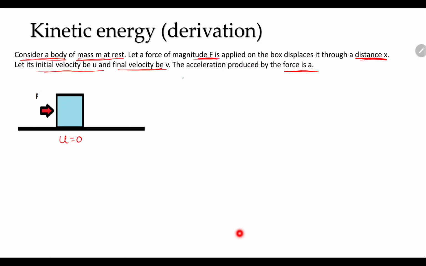So from the equations of motion, there are three equations of motion. I'm going to consider the second one, that is v square is equal to u square plus 2as.